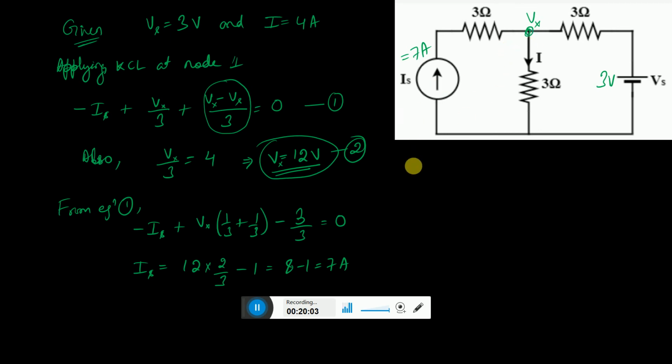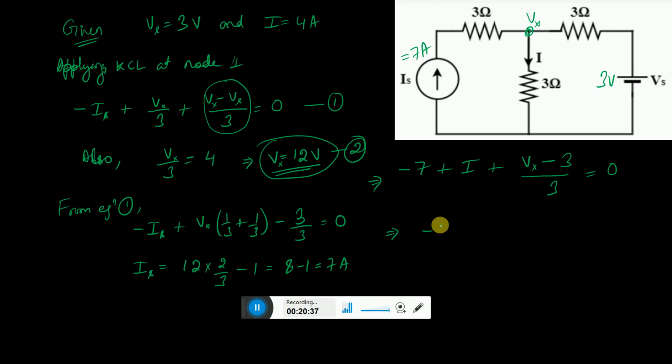Then we get here minus 7, then here I, and this value is Vx minus 3 divided by 3 is equal to 0. In this way we can solve, but here I just need to put the value of I again, because this is not going to give me a right value.